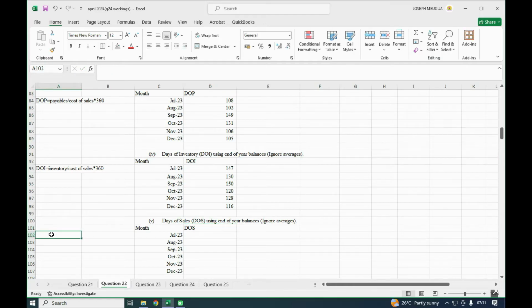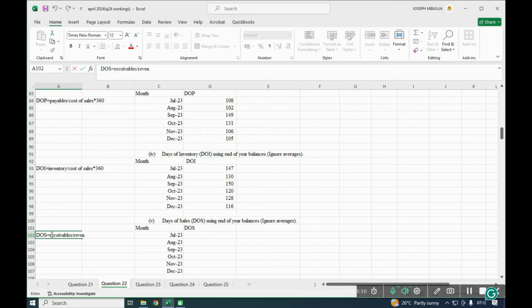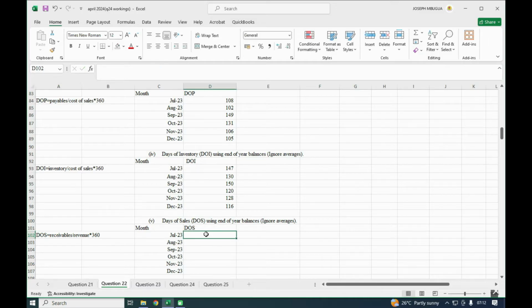So days of sales will be equals to receivables over sales or over revenue in our case, and you multiply by 360. Receivable over revenue multiplied by 360.